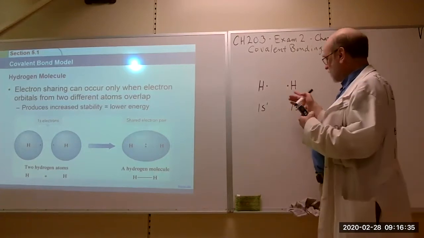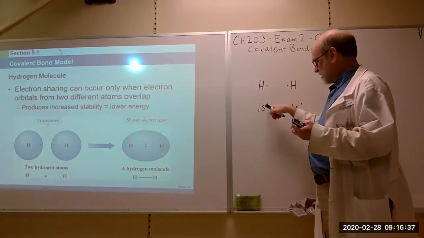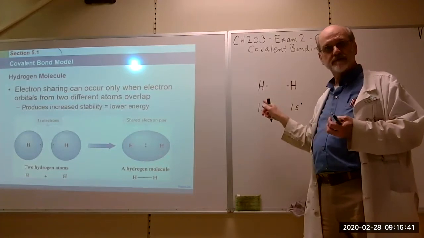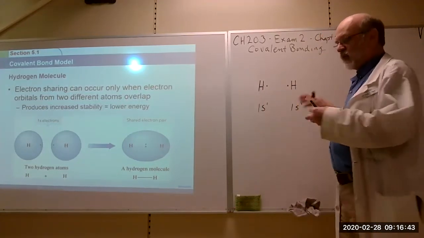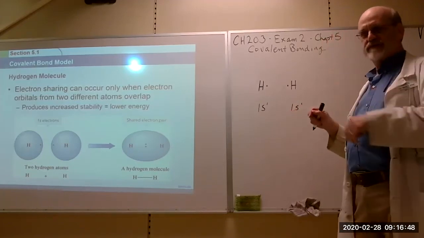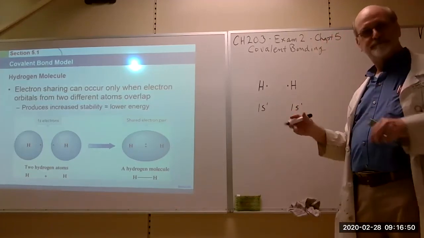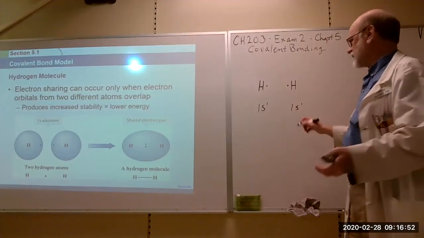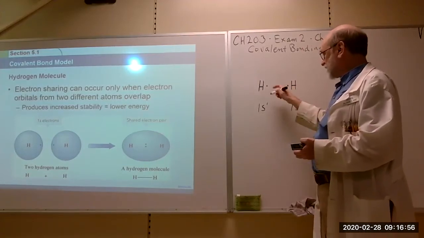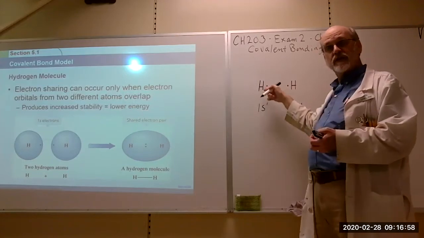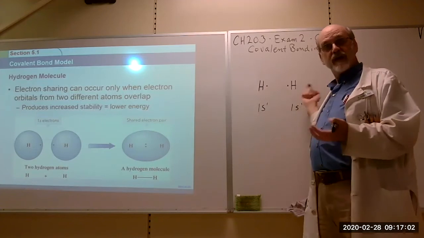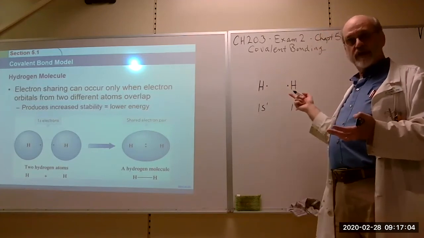So this shell will be satisfied if we can put two electrons in it. But the way sharing works is, it's just what the atom thinks it has, in quotes, because atoms can't think, of course. If we can get this one to think that it has two electrons, and that one to think that it has two electrons, they're both happy. And they do it by sharing.